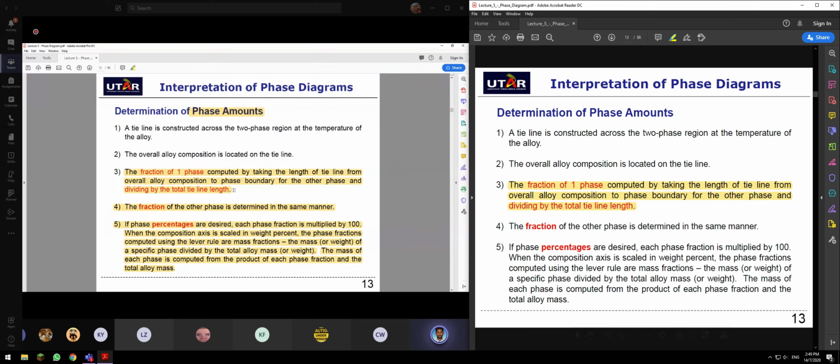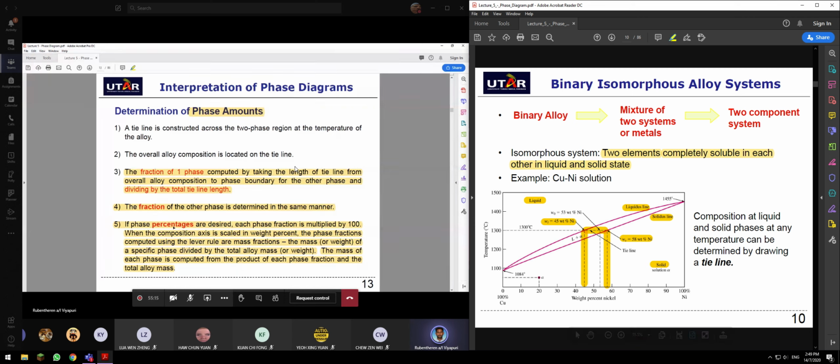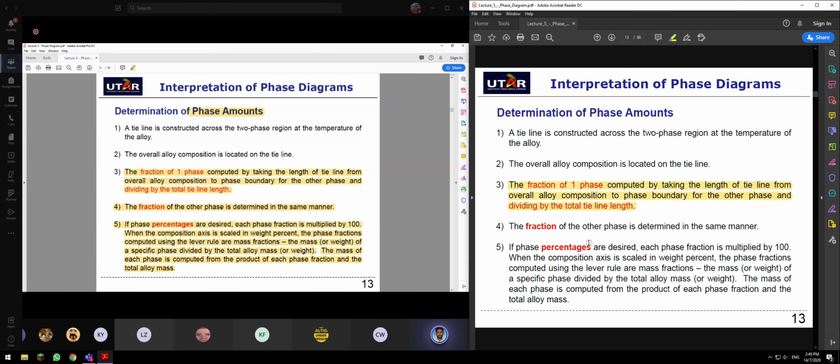Don't worry, the fraction of the other phase is determined in the same manner. If the phase percentage is desired, each phase fraction is multiplied by 100. If you want to change to percentage, you multiply by 100. If you want to stay as a fraction, it is just in decimal form, which sums to 1.